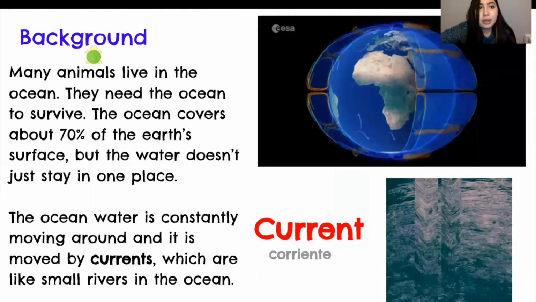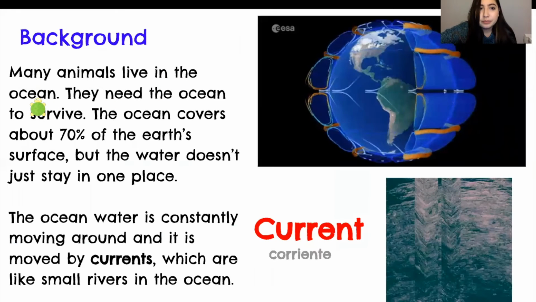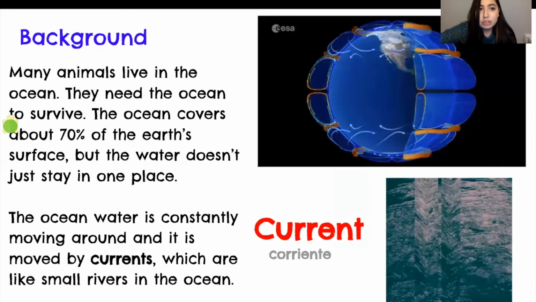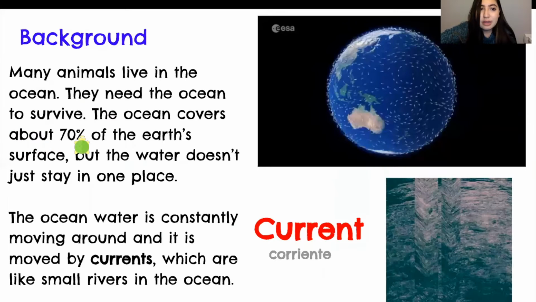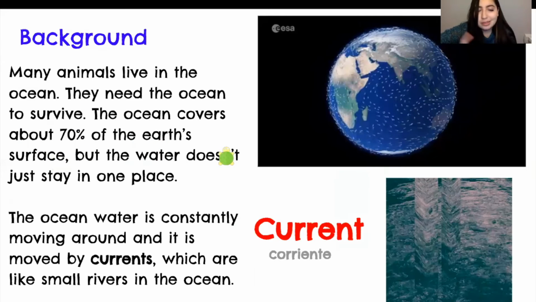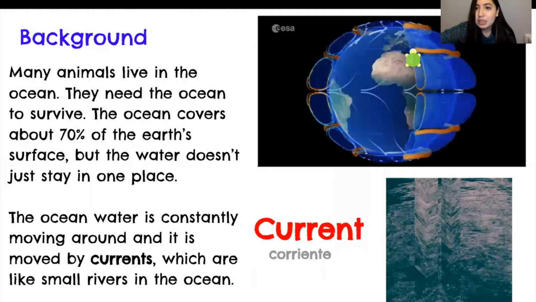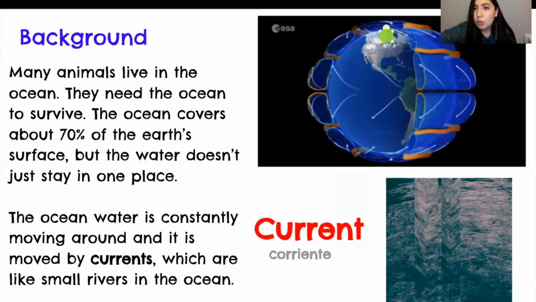Let's move on. So many animals live in the ocean. They need the ocean to survive. The ocean covers about 70% of Earth's surface, but the water doesn't stay in one place. So we can see right here where my turtle is. Here's our world.